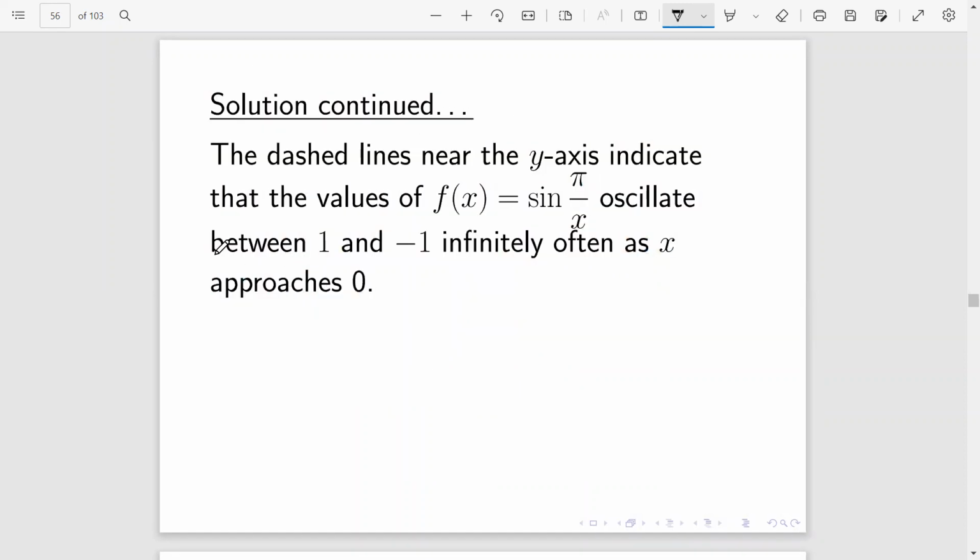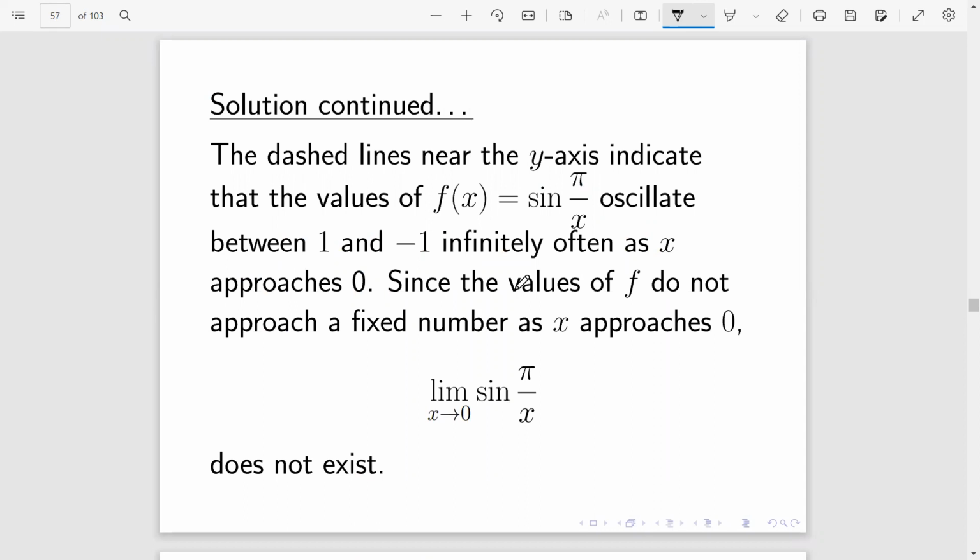Because the function is oscillating between 1 and -1 infinitely as we approach 0, that's why we say that the limit does not exist, because the y values are not getting to a specific value. So since f does not approach a specific point as we look at the x values approaching 0, the limit of sine pi over x as x approaches 0 does not exist. I hope I'm making sense.